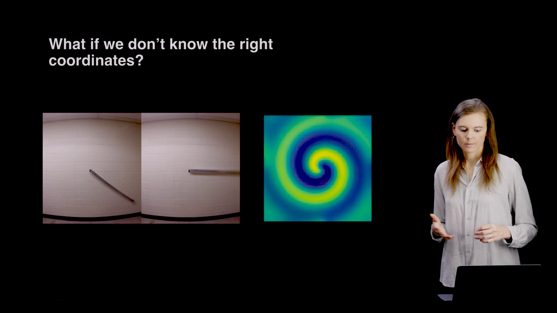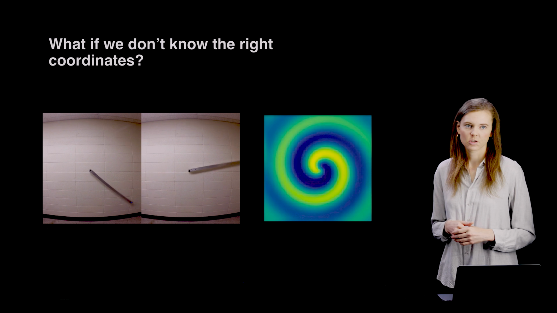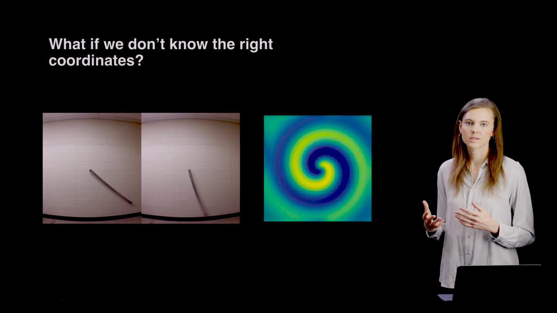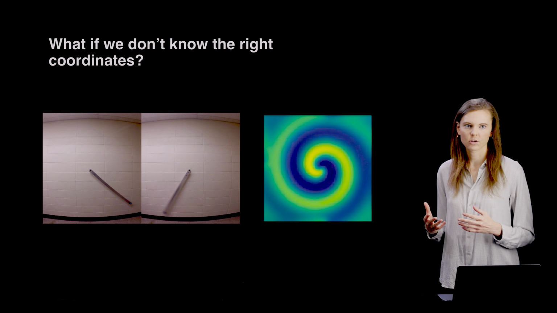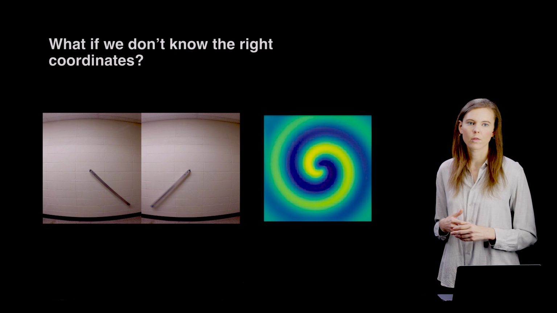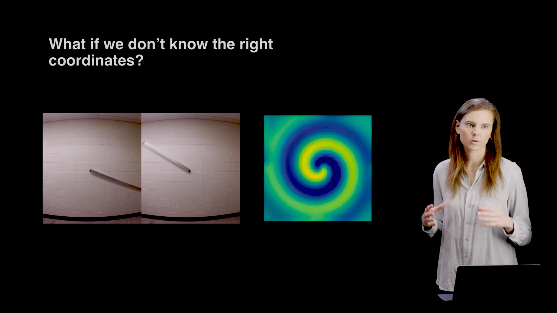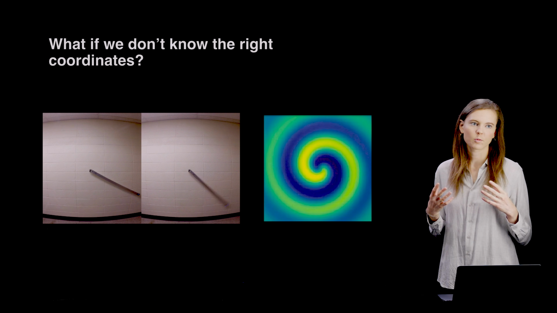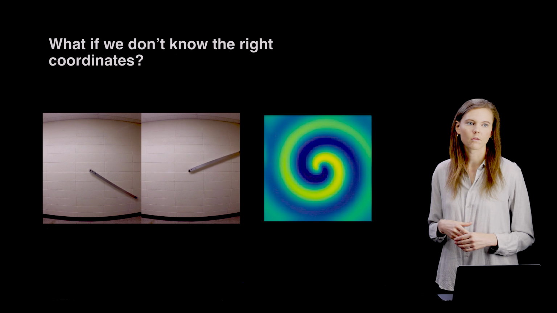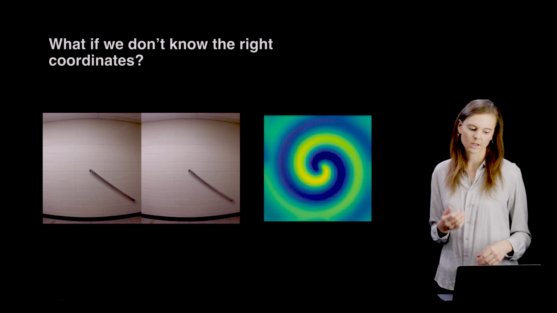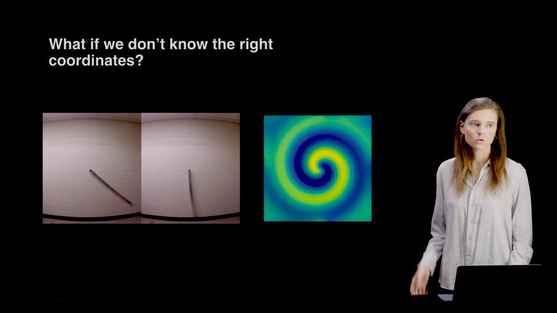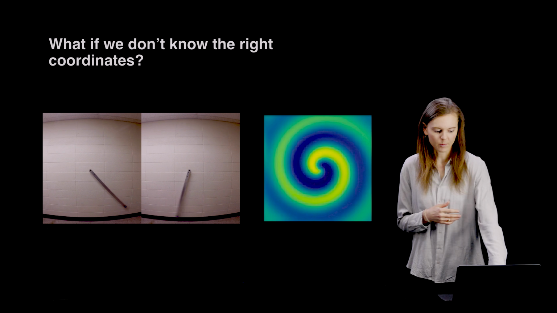However, this can potentially have limitations. If you just apply a standard out-of-the-box dimensionality reduction method, you don't necessarily know that the coordinates are the right coordinates to find a simple dynamical system. So this is why we want to perform a joint discovery of the coordinates and the dynamics. Today I'm going to talk about a method we've developed for doing that.